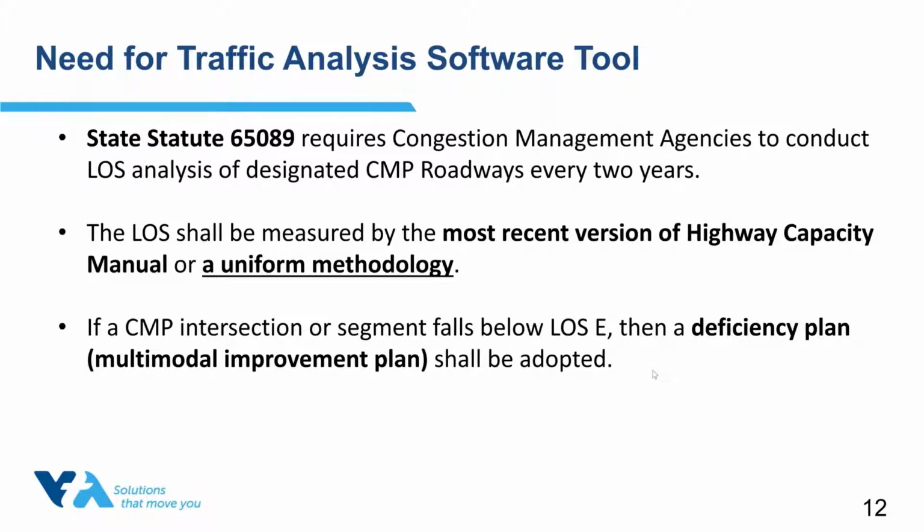It used to be called a deficiency plan, on how to mitigate the level of service from F back to E, and whether it be encouraging mode shift from single occupant vehicles into other modes, like into transit.